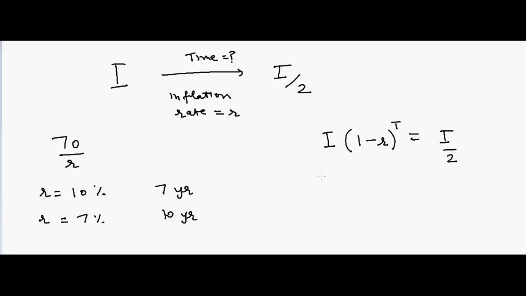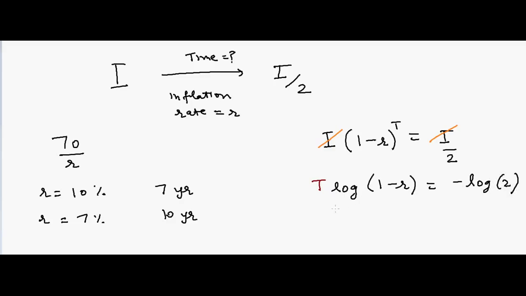So in that case, if we solve this equation, then the I would cancel out, and we will have T log of 1 minus R is equal to minus log of 2, right?